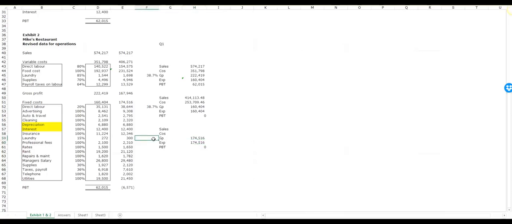And now what we're looking for is a gross profit margin for this business based on this scenario. So we're going to go and say the gross profit divided by the sales, and we're going to get a percentage here. Alt HP will give us a percentage, and we can add a decimal point.